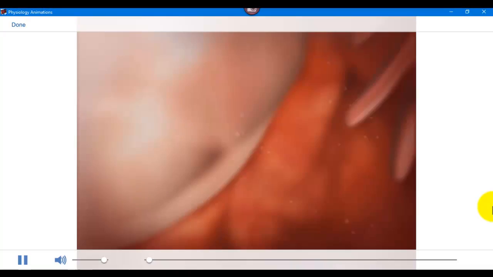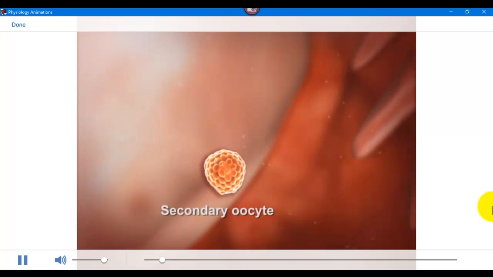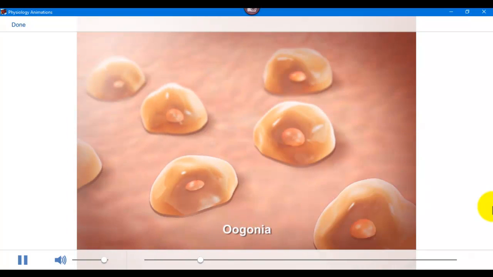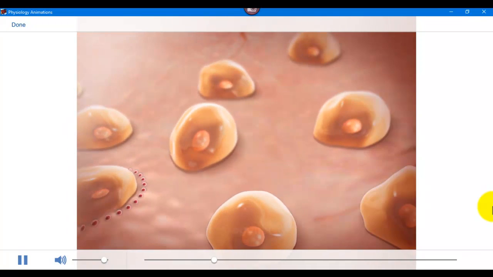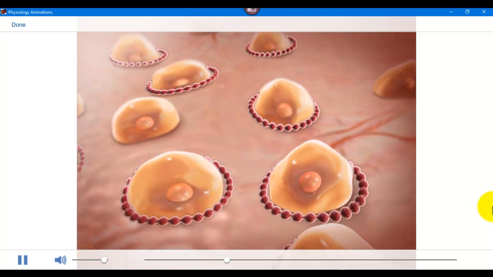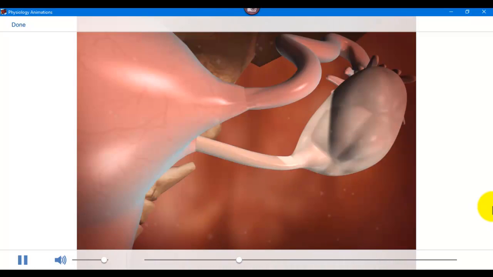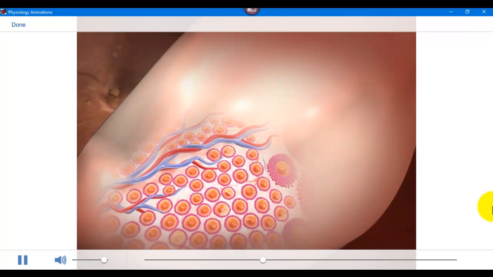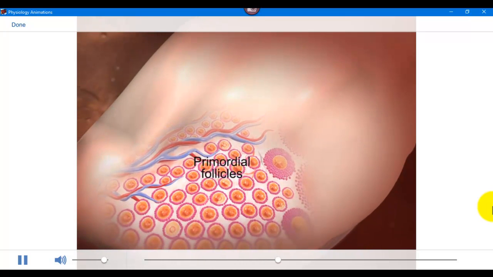The ovaries produce secondary oocytes, the female sex cells. During fetal development, stem cells, called oogonia, go through mitosis. Some of these cells develop into 46 chromosome primary oocytes. At the onset of female puberty, tens of thousands of primary oocytes each form part of a primordial follicle in the ovaries.